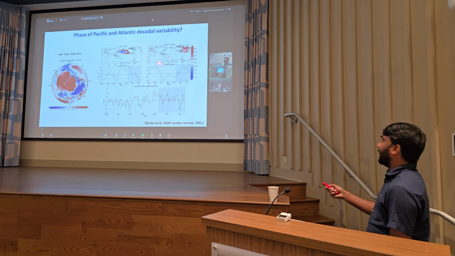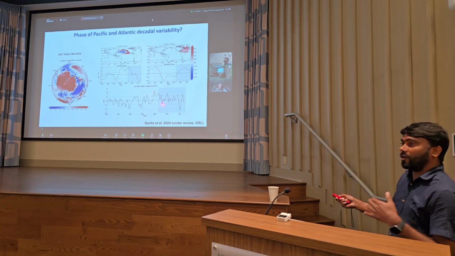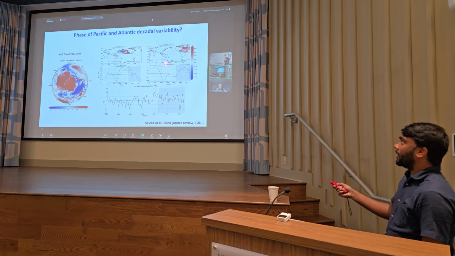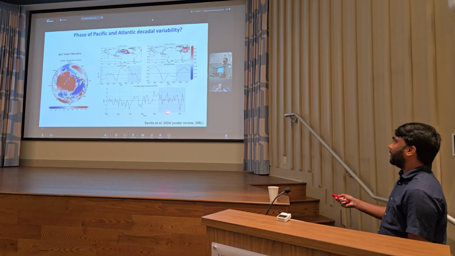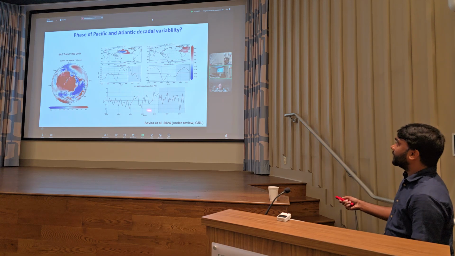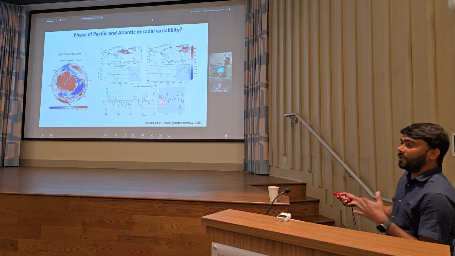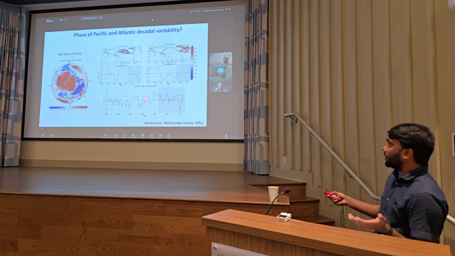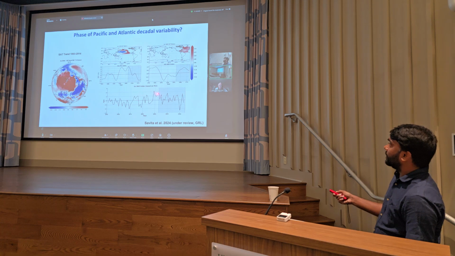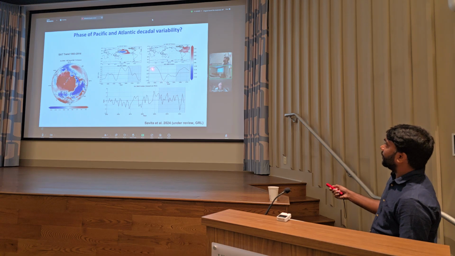Another important thing is that here I plotted the North Atlantic Oscillation. These two are based on the ocean condition, how the ocean surface changes. And this is the North Atlantic Oscillation, which is based on the sea level pressure difference over Iceland and Azores. If you don't know where this location is, I can give you a hint.